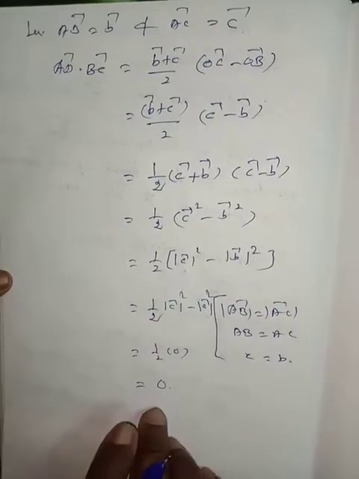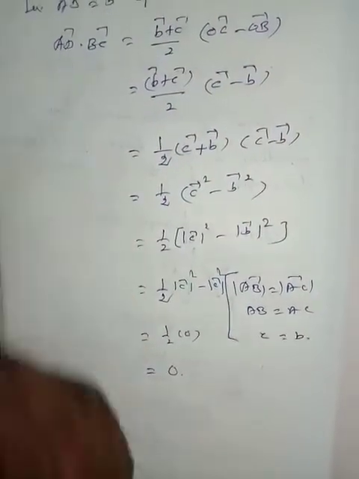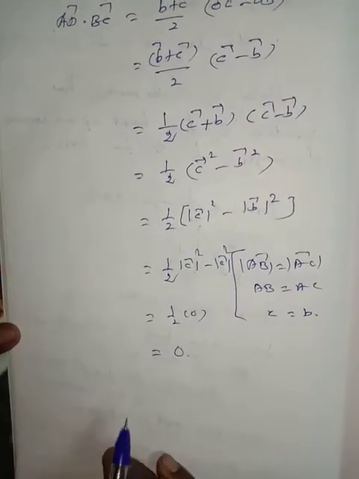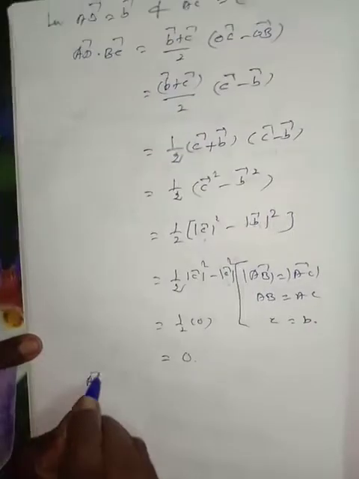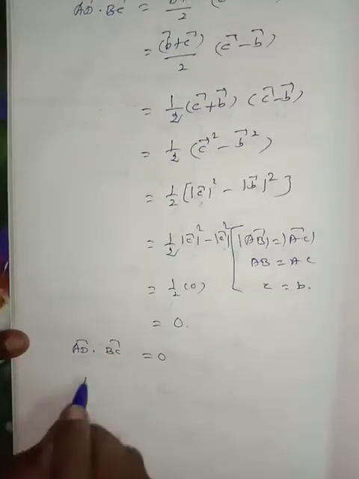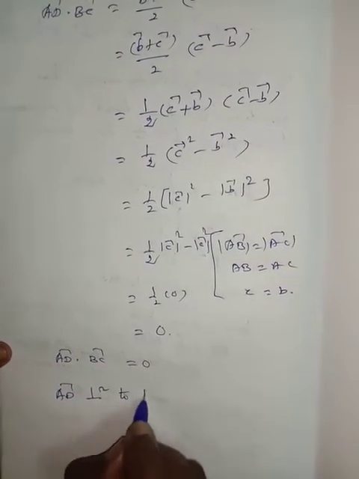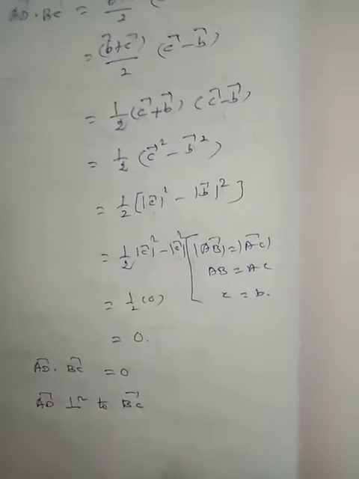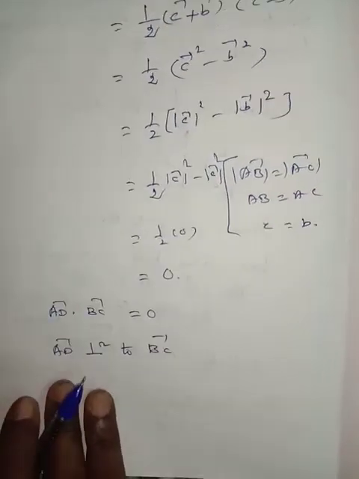Dot product of two vectors being 0 means these two vectors are perpendicular to each other. Therefore AD vector dot BC vector is equal to 0. This means AD vector is perpendicular to BC vector. From the diagram, AD vector perpendicular to BC vector means the triangle ABC is a right angled one.